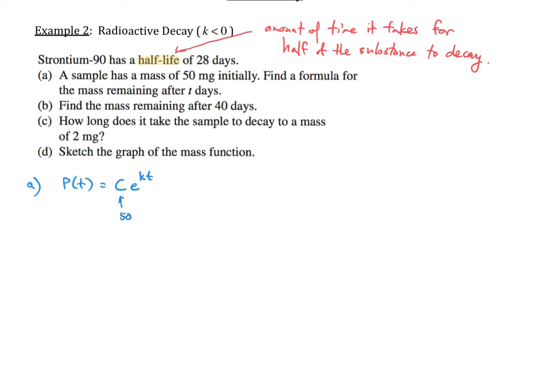The problem is we need to find out what k is. So the question is, what is k? And the way that we're going to find k is we're going to use this idea of half-life. So why don't we write a formula down that will help us solve for k?